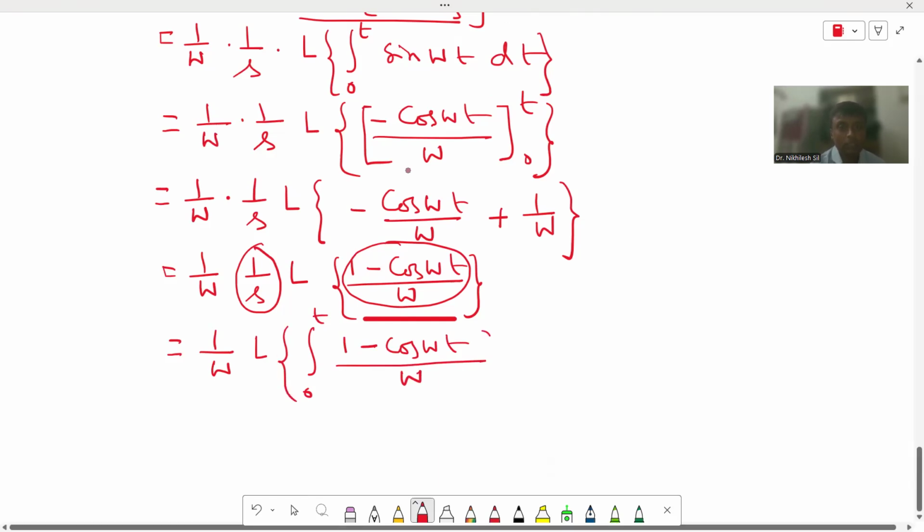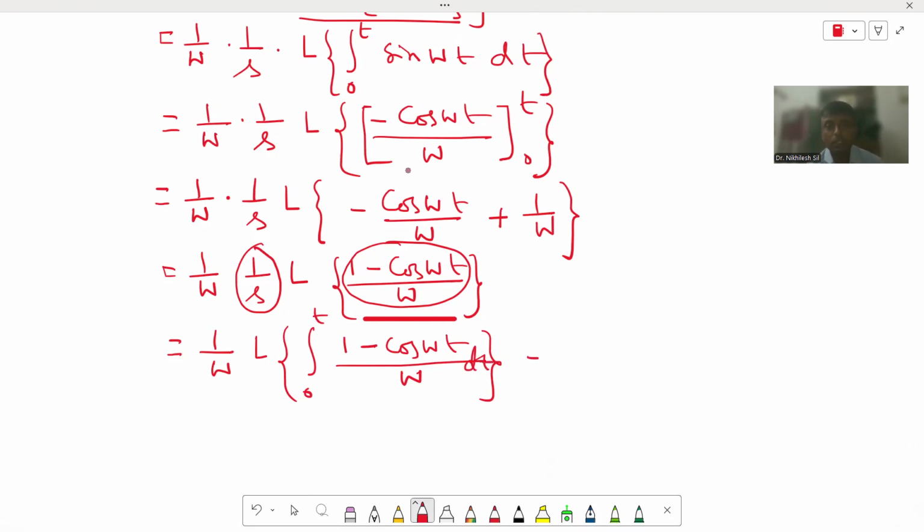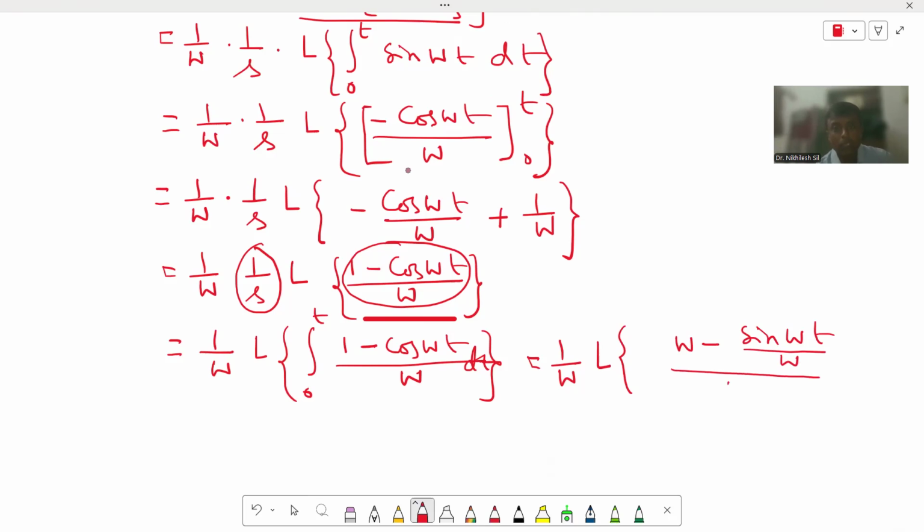Okay, clear? dt. So what will be the integration? 1 by omega Laplace of 1 minus cos omega t. The integration of this is omega minus sine omega t divided by omega, whole divided by omega.